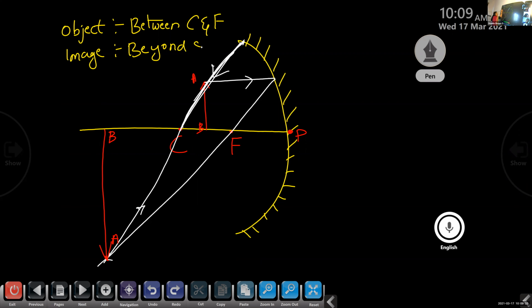What about the size? Size is enlarged. All right. What about its nature? Nature is real and inverted.